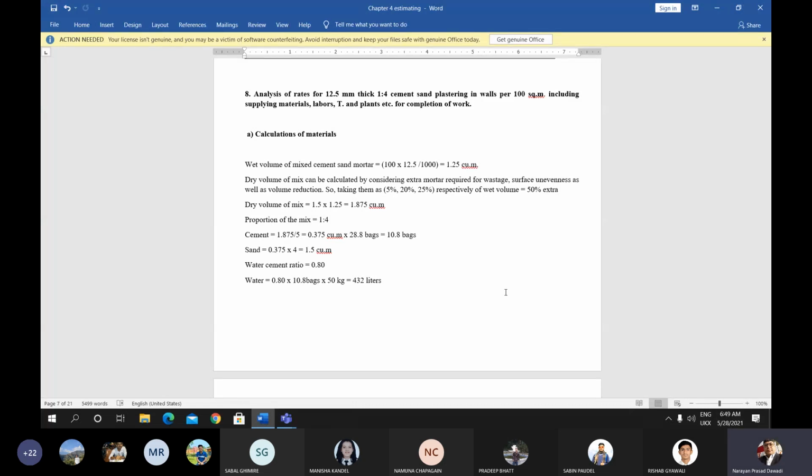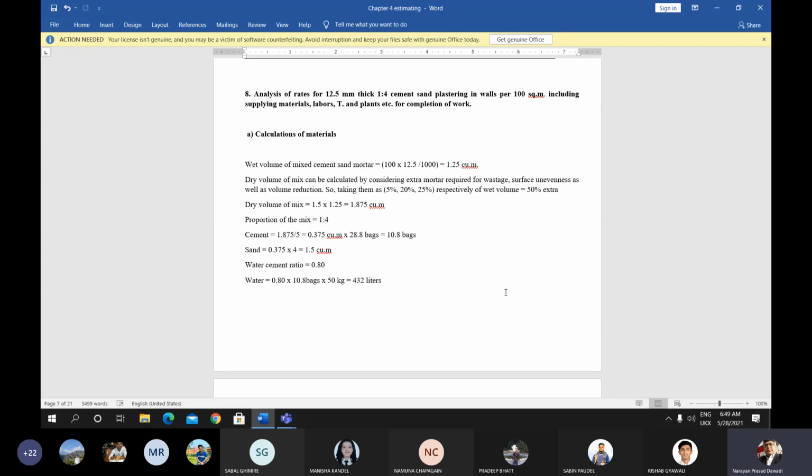But for wall or floor, you can take in general 12.5 mm thick plaster, 12 mm thick plaster. This thickness comes in different varieties, but up to less than 20 mm thickness, the analysis of rate is the same.